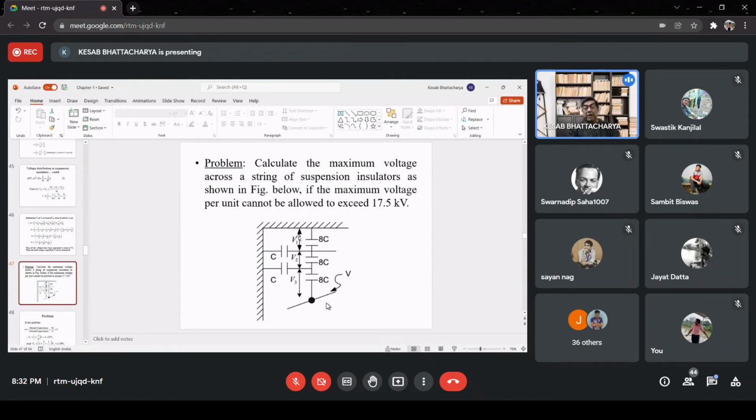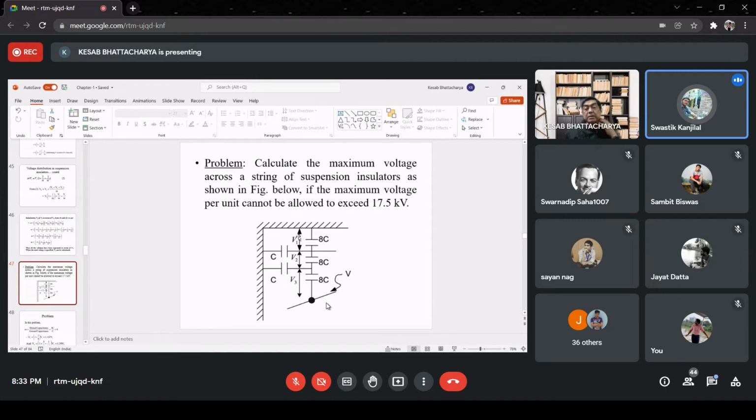Now we have already seen that the maximum voltage occurs across the disk nearest to the conductor. So the maximum voltage per unit cannot be allowed to exceed 17.5 kV, and that occurs across the disk nearest to the conductor. Therefore, V3 should be equal to 17.5, that is 1.39 V1 is equal to 17.5 kV, from where we can find out V1.